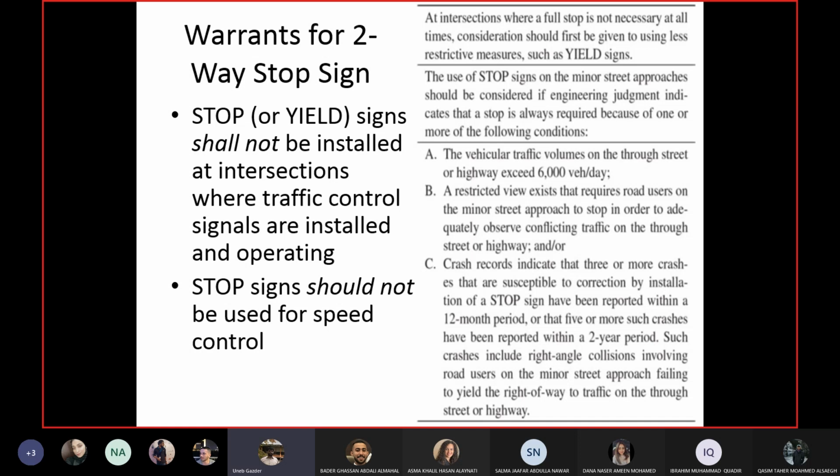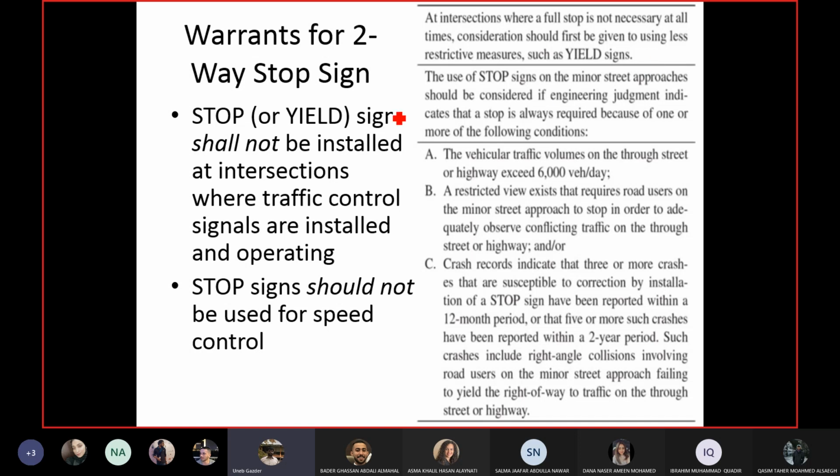At intersections where you feel full stopping is not necessary, you give a yield sign, like I was saying, and you have the conditions which I have given you earlier. If you fulfill those conditions, you fulfill the requirement of a yield sign, and as I mentioned, you only need one condition to be satisfied.